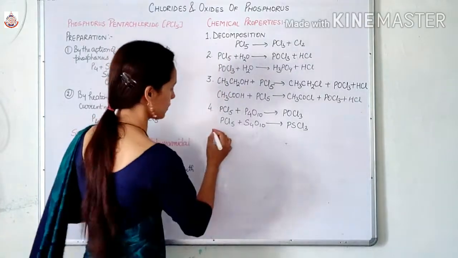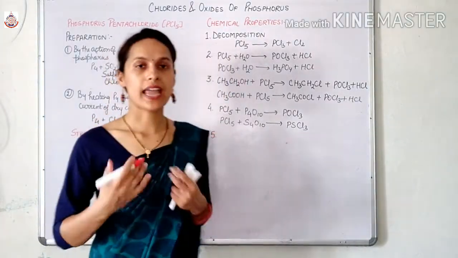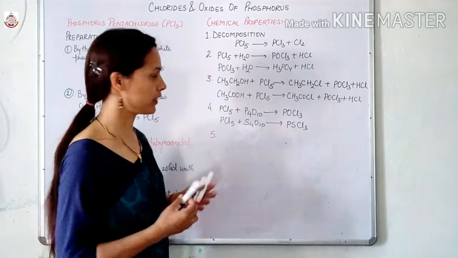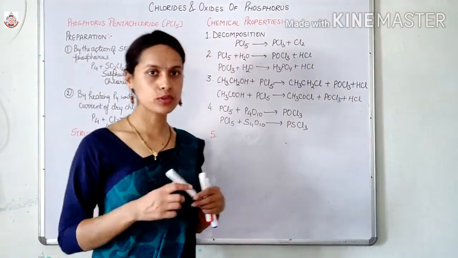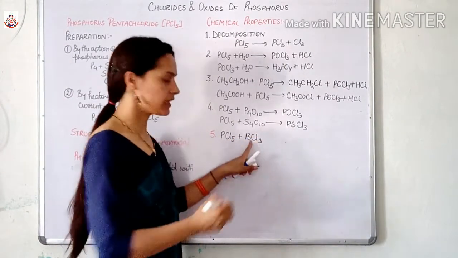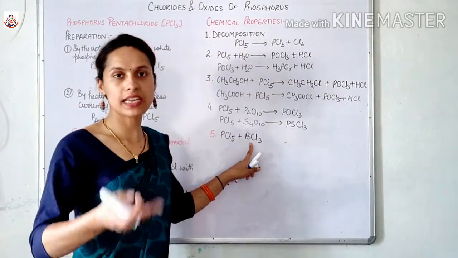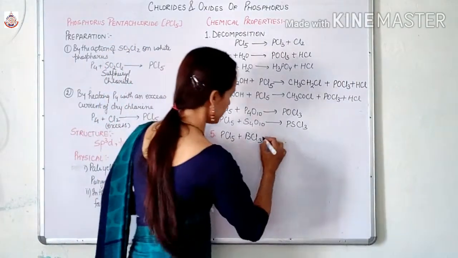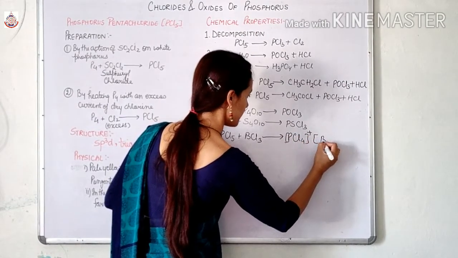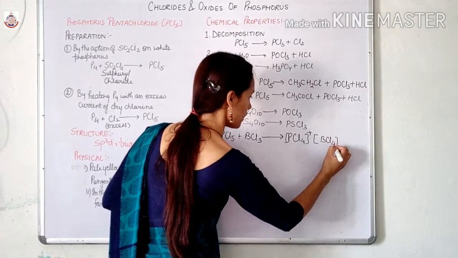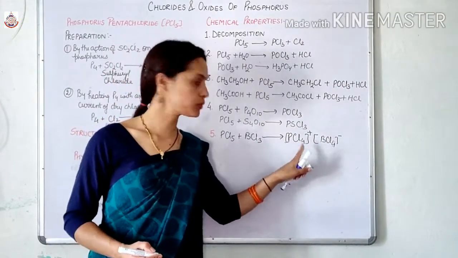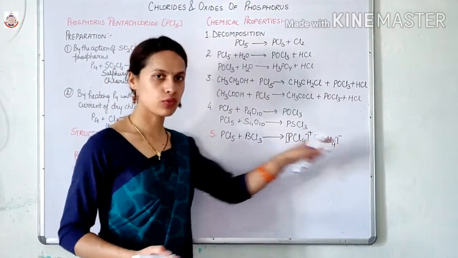Next, the reaction of PCl5 with a chloride ion acceptor, a compound which can accept chlorine. PCl5 reacts with BCl3, because BCl3 is electron deficient, so it can easily accept the chloride ion. So it forms PCl4 positive, BCl4 negative. It accepts a chloride ion from PCl5, so PCl5 becomes PCl4 positive and BCl3 becomes BCl4 negative.